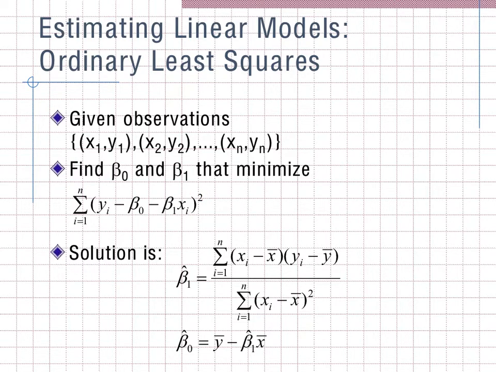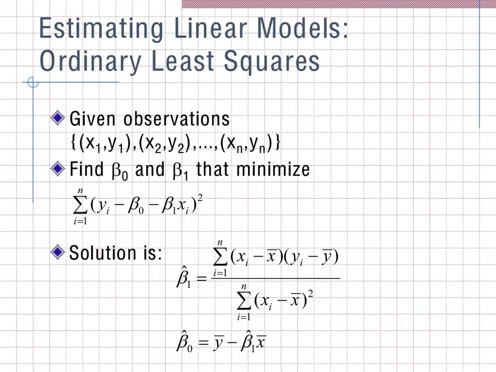It turns out that the solution to this problem, in other words, the values for beta 0 and beta 1 that solve this minimization problem, are given by the expressions below here.